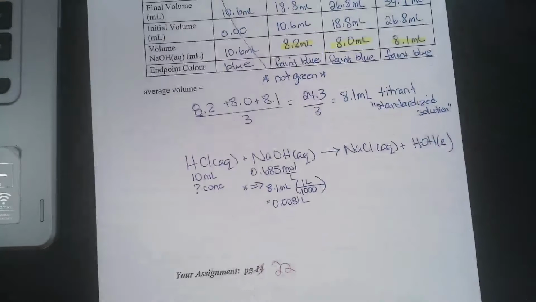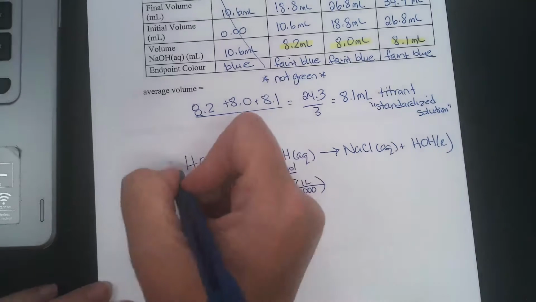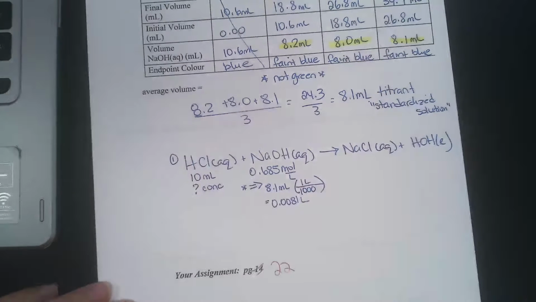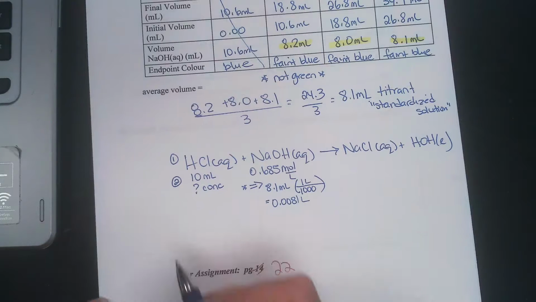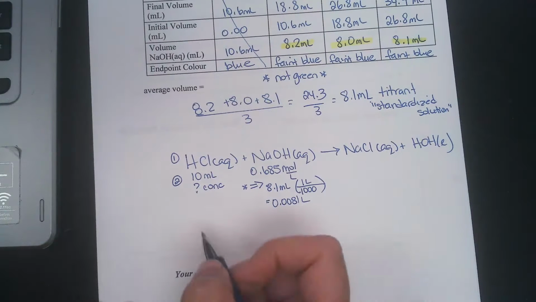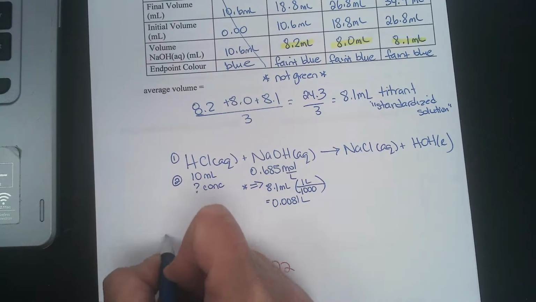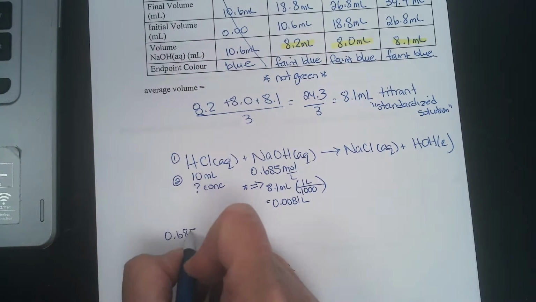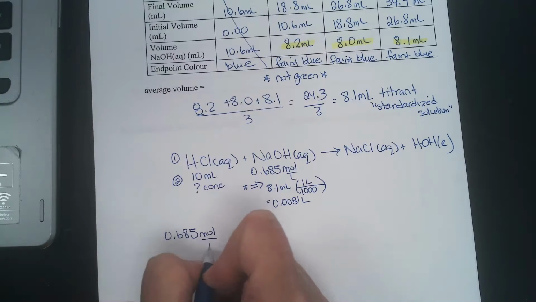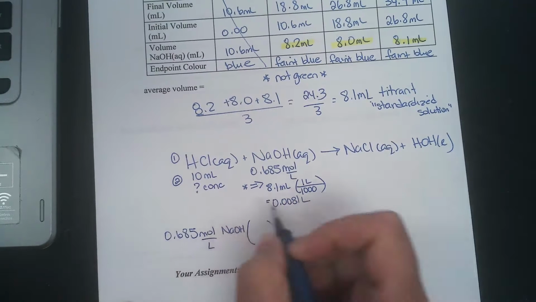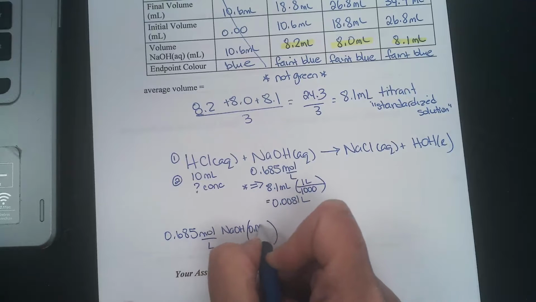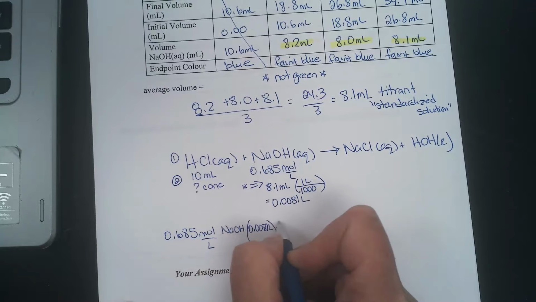Now I can go through the stoichiometry process. Step 1, balance an equation. Step 2, write down our given information. Step 3, find the moles of our given. So 0.685 moles per liter of sodium hydroxide multiplied by 0.0081 liters.